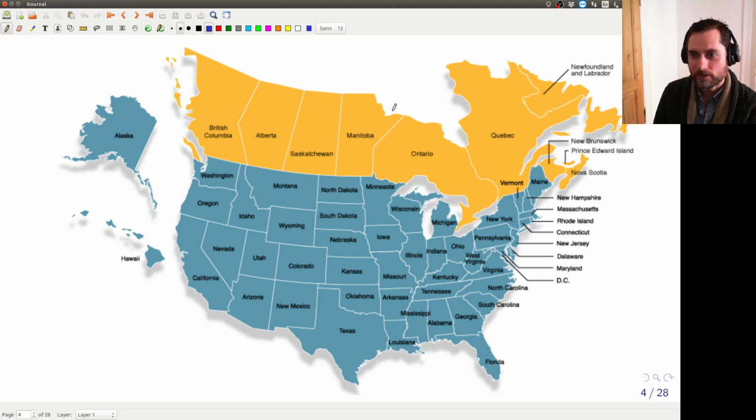It's the ones that are further south. And then all the US states. What you can see is there are provinces like British Columbia, where Vancouver is, which is very close to Washington, where Seattle is. And then Washington is a certain distance from Chicago or something like that.